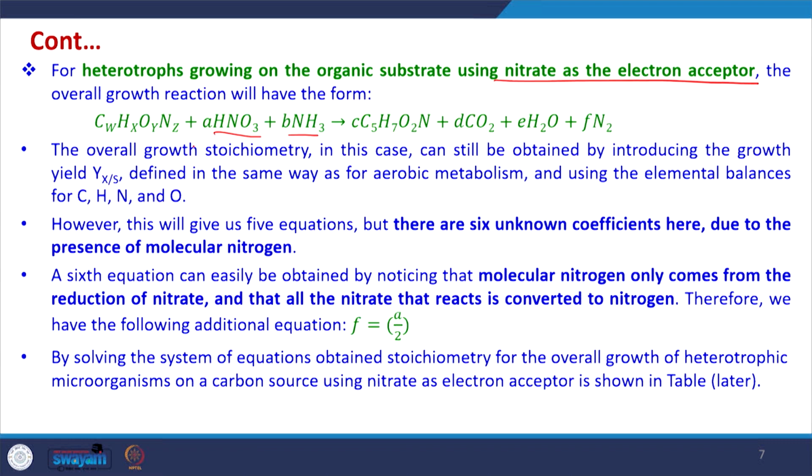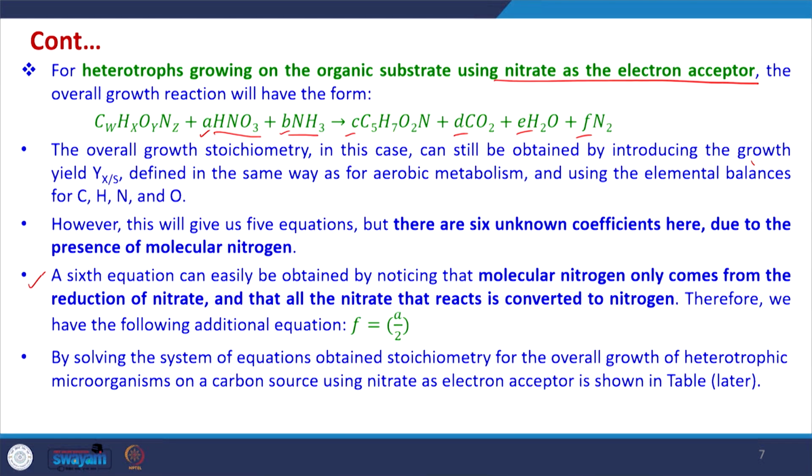Here we introduce 6 coefficients A, B, C, D, E and F. So, now we have 6 unknown coefficients due to the presence of molecular nitrogen, because in the case of heterotrophs growing on organic substrates which use nitrate as an electron acceptor, nitrogen gets formed.